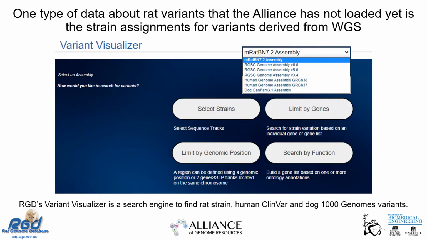So one type of data about rat variants that the Alliance hasn't loaded yet is strain assignments for variants that are derived from whole genome sequencing.